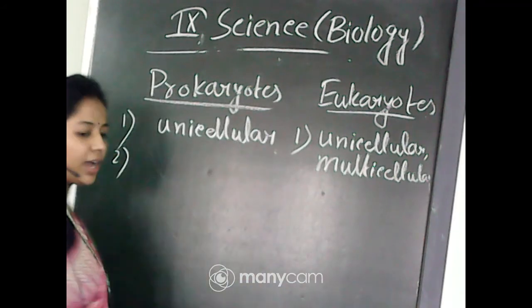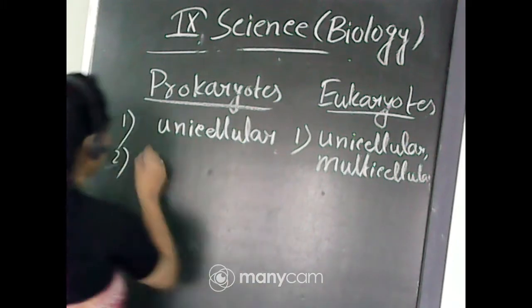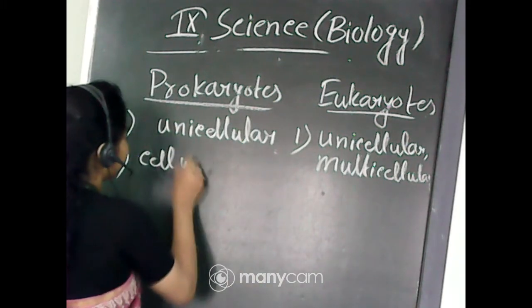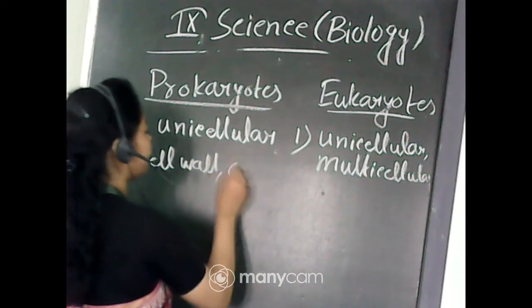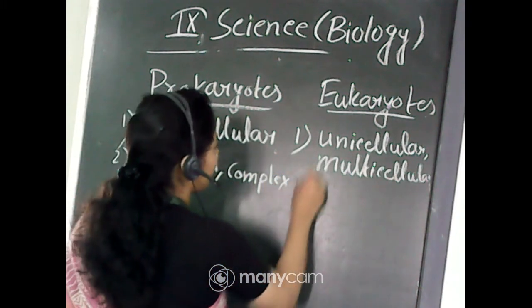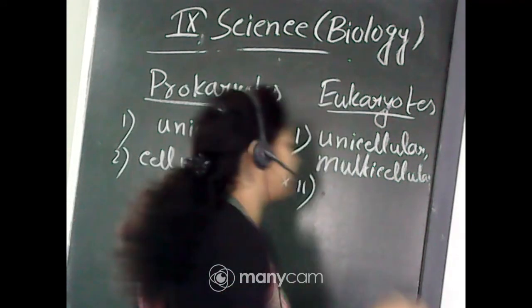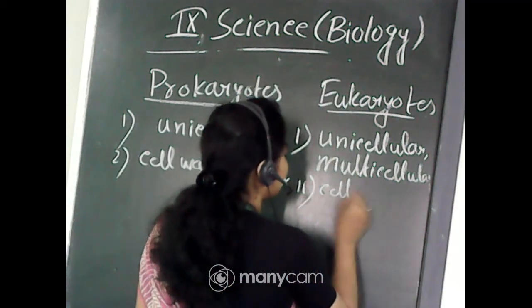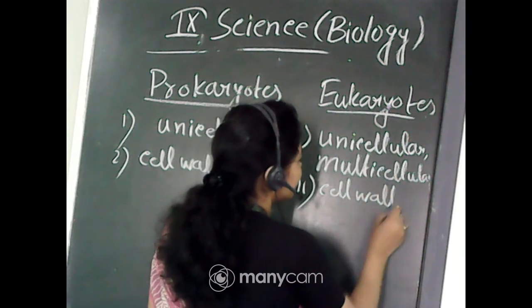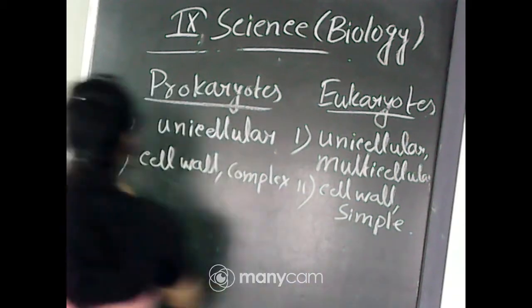Second point: cell wall is present in prokaryotes, but the chemical structure is very complex. In eukaryotes, the cell wall is present, but the chemical structure is simple. That is the second point of difference.